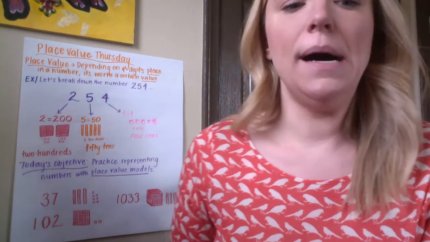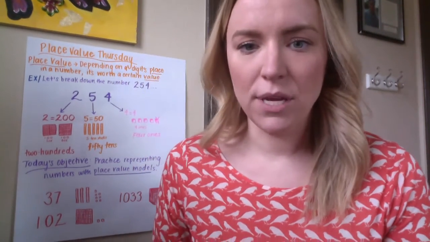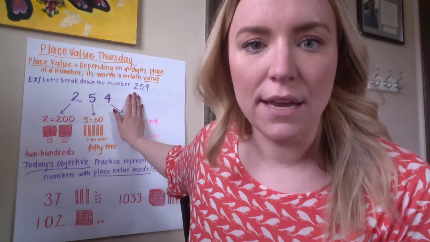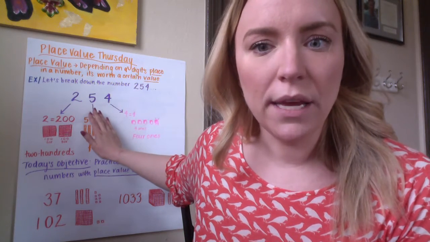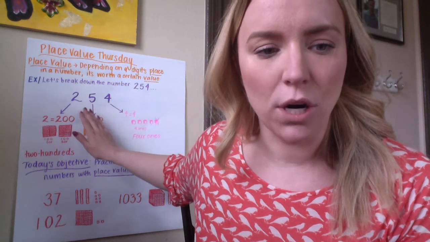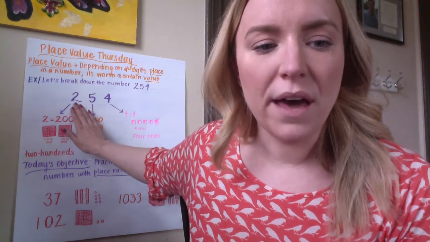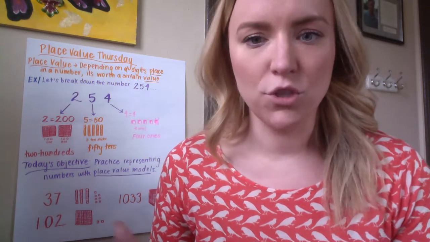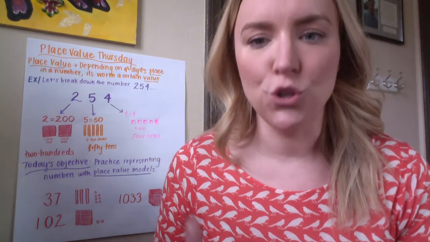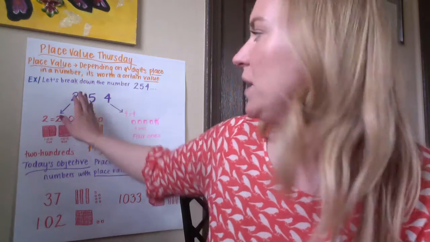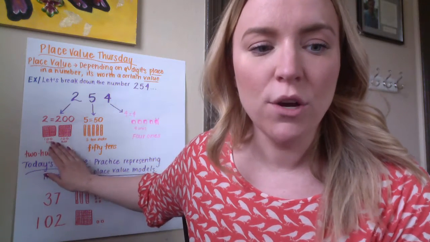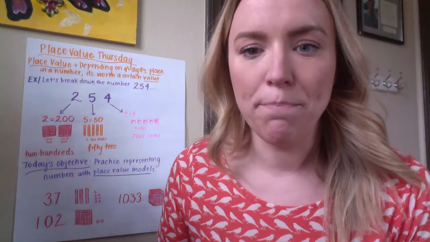So, practicing place value, let's break down the number 254. Taking the number 254, we know that the 2 in 254 doesn't just stand for two ones, right? It stands for 200. And we can break that down by representing 200 with two 100 boxes.